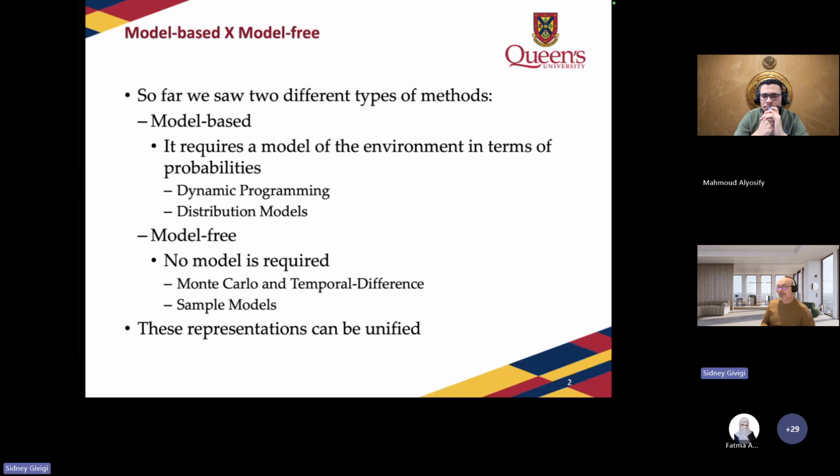What happens when we cannot do that, because maybe the environment is too difficult, too complex? Maybe the environment is too uncertain, right? So we don't know for certain what the environment is. What happens in that case? Today, what we're going to see is that in reinforcement learning, we can try to unify these two representations. We have a model-free type of approach.